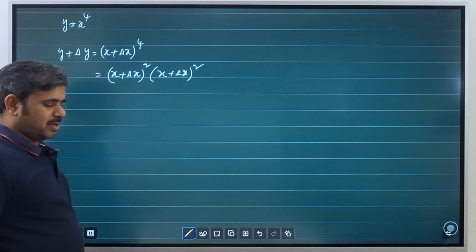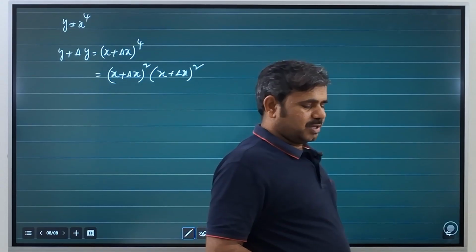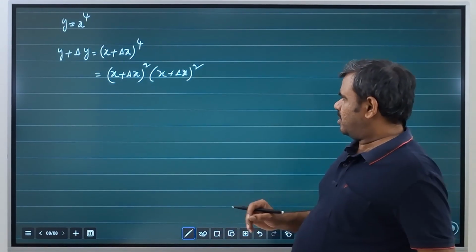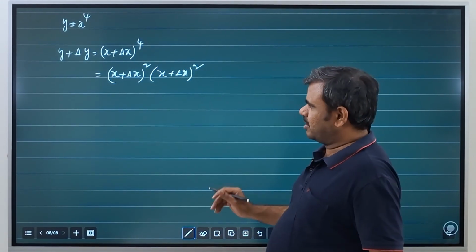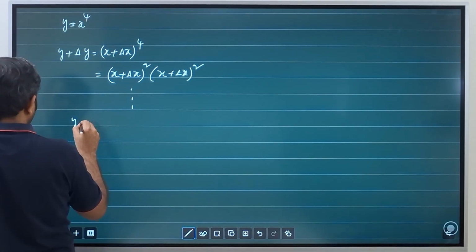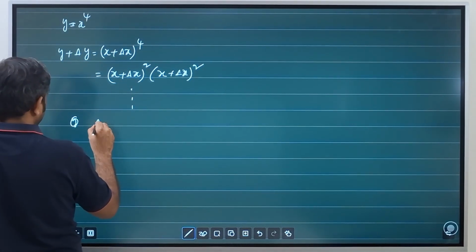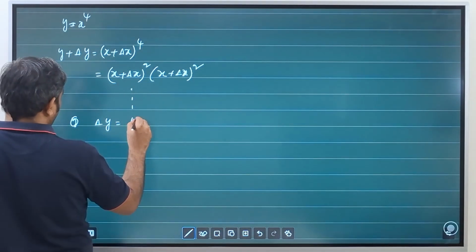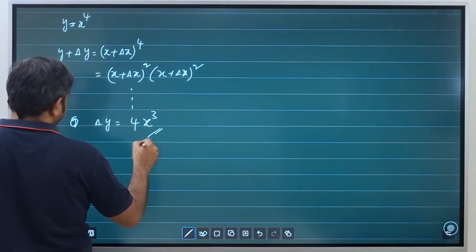Expand and multiply, neglect the terms of delta x and simplify. If you do that, you will get dy by dx is equal to 4x cube. That's what you will get.